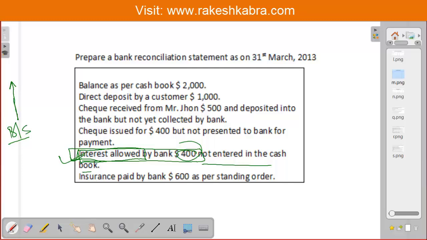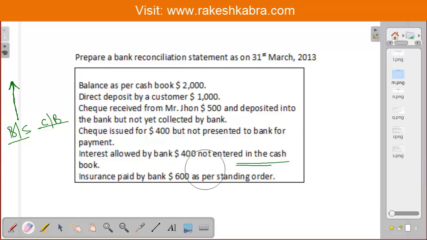The bank statement balance increased, but the cash book balance remained as it is, as this transaction is not recorded in the cash book. Not entered in the cash book. So as this transaction is still not recorded in the cash book, the cash book balance didn't change. But my target is now the bank statement, so to reach this target, what do I have to do?